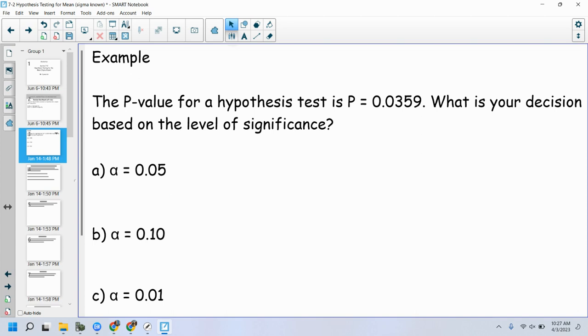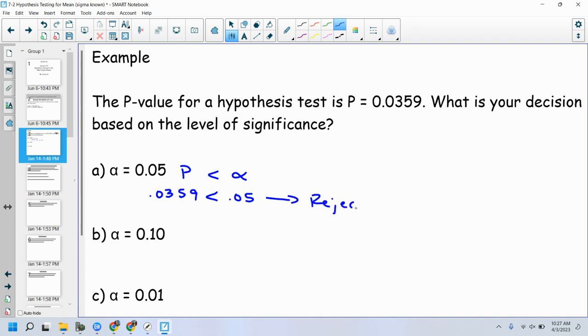Well, is 0.0359 less than 0.05? Yes. My p-value is less than alpha, so therefore we reject the null.